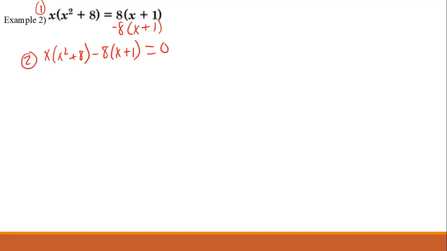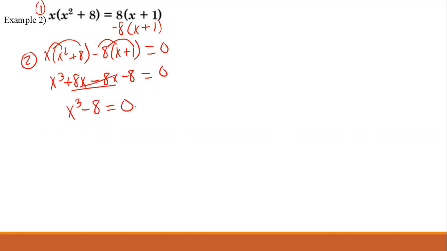Step 2 says to multiply, add, subtract, do whatever you've got to do to combine like terms and put it in standard form. So I'm going to distribute. So I have x cubed plus 8x minus 8x minus 8 equals 0. Combine like terms, they're going to cancel out, and we're left with x cubed minus 8 equals 0.